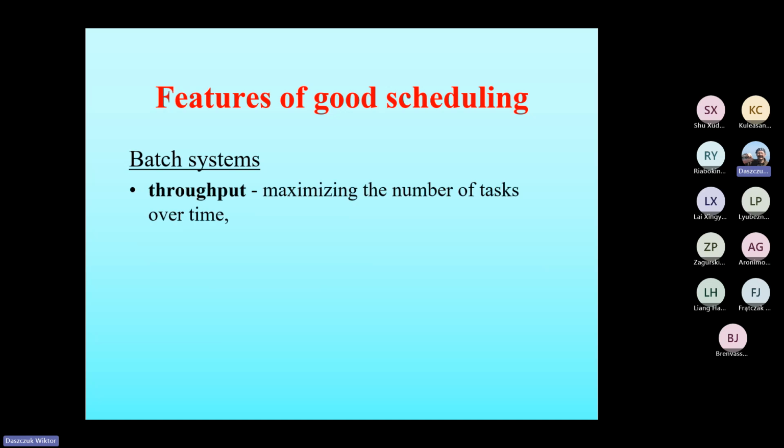For batch systems, batch systems in nature are offline. The user gives the program and data and gets the results after hours. So for the scheduling, the basic parameter is throughput. How many jobs we can run in a quite long time unit, macroscopic, like an hour or a day.